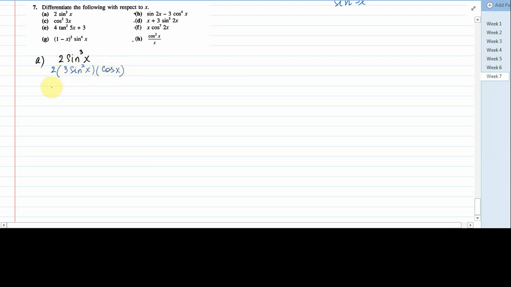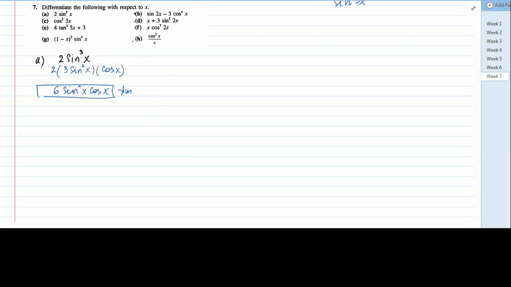So the final answer will be 6 sine square x cos x. So first we need to differentiate the power. The method to differentiate the power is first write down the power, right, and then subtract 1 from the power, and then differentiate the function which has the power. That is the basic step of differentiation which we had done in chapter number 15.